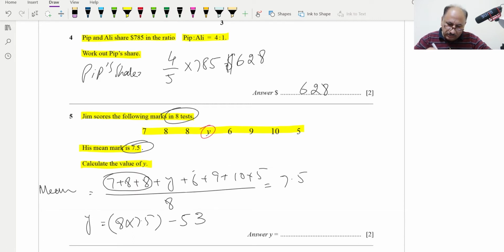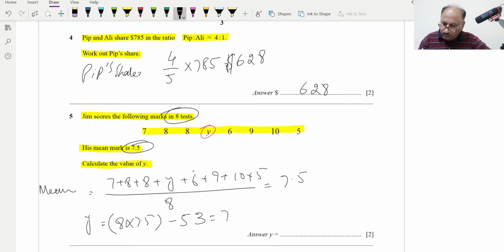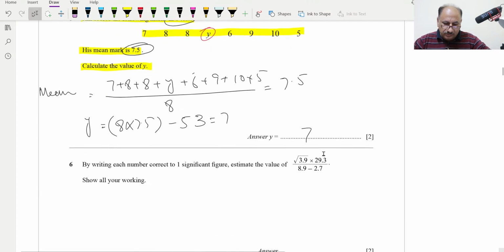We can erase this working. So this will be equal to 8 multiplied by 7.5 minus 53, and this is equal to 7. So y value will be equal to 7. This will be our answer.